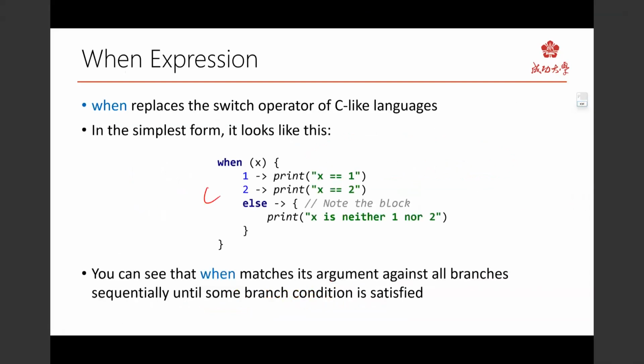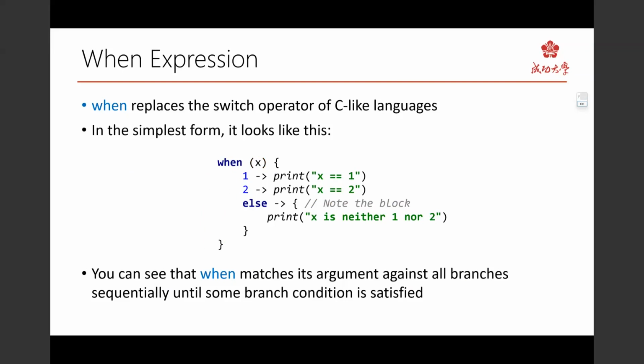Now, the when expression is something new in Kotlin. Essentially, the when expression is kind of similar to the switch case operator in C++ and Java. In the simplest form, the when expression looks like this. You can see that when matches its argument, in this case x, against all the branches sequentially, one by one, until some branch condition is satisfied.